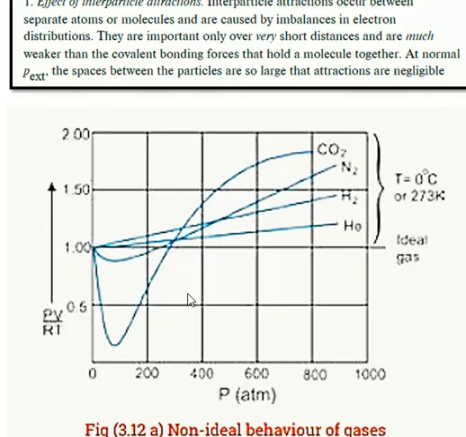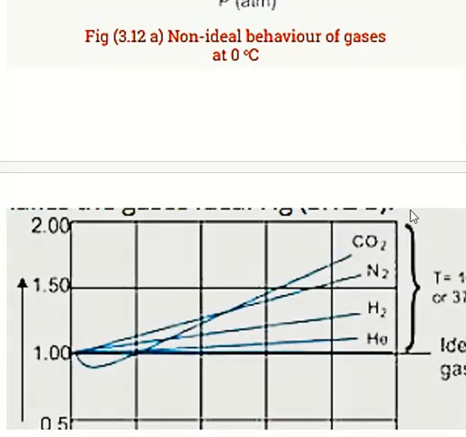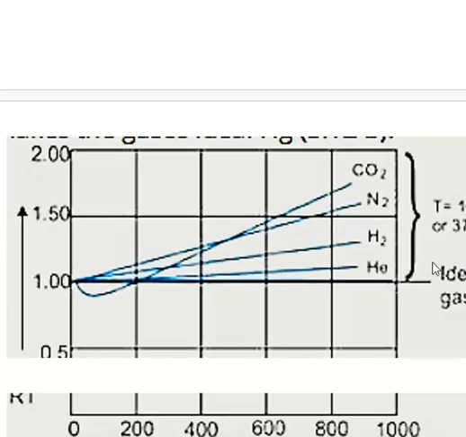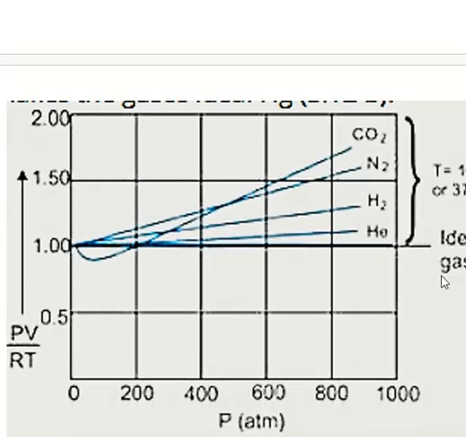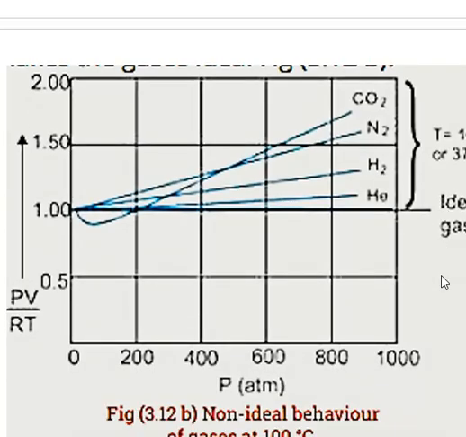The reason is that at low temperature, the force of attraction becomes dominant. When the force of attraction between the gas molecules becomes dominant, gases deviate prominently from ideal behavior. If we increase the temperature from 0 to 100, this deviation is slightly less as compared to 0 Celsius.